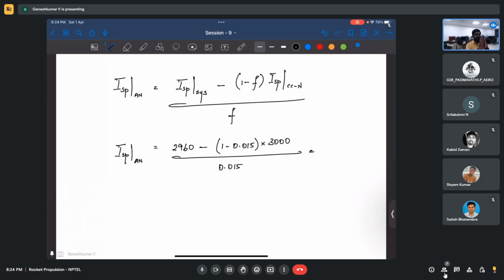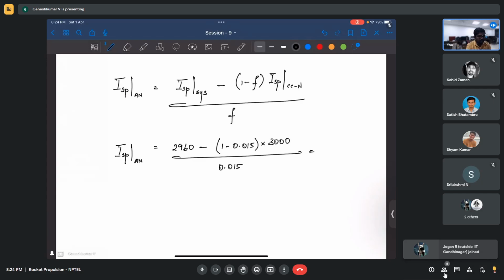Okay, so if you would have given the whole mass flow rate to the combustion chamber, you are going to get 3000. But what you did is you took some of the mass from the combustion chamber and you are giving it to the auxiliary nozzle. The auxiliary nozzle didn't expand it more efficiently, so that gave us less specific impulse.